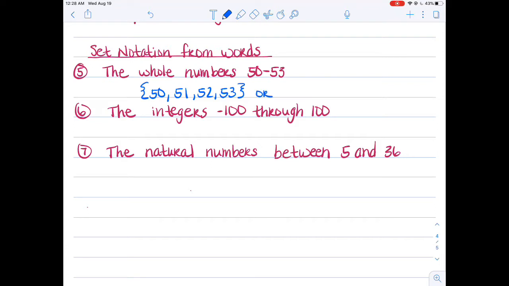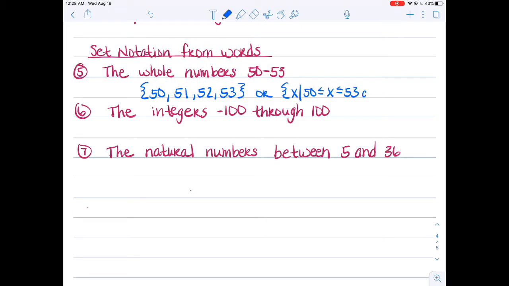Or if we try to use our set builder notation, here's what happens. We have all real numbers x such that 50 is less than or equal to x is less than or equal to 53. However, that includes all the real numbers, and we don't want the real numbers. We just want the ones that are whole numbers. So we have to remember the symbol for whole numbers and add on to this.